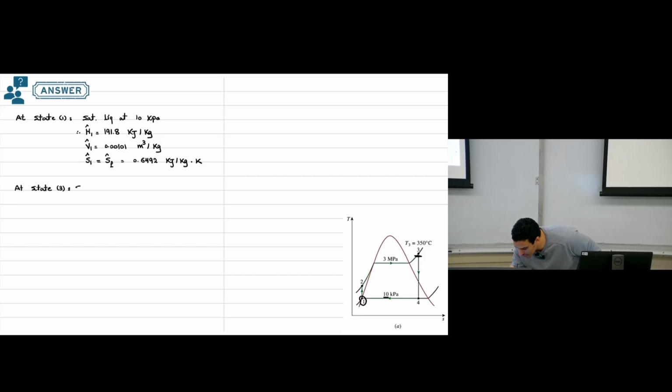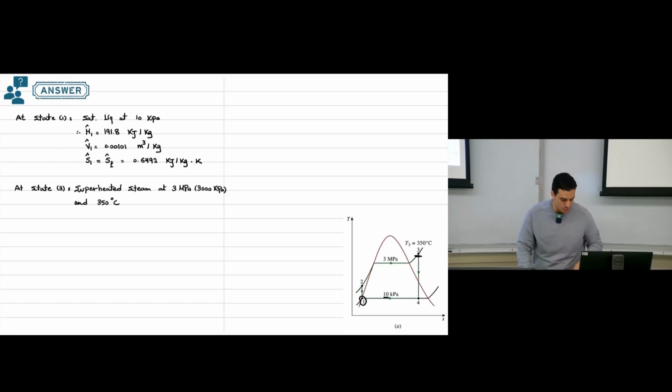At this point, we have superheated steam at 3 megapascal, which is 3000 kilopascal, and the temperature 350 degrees Celsius.